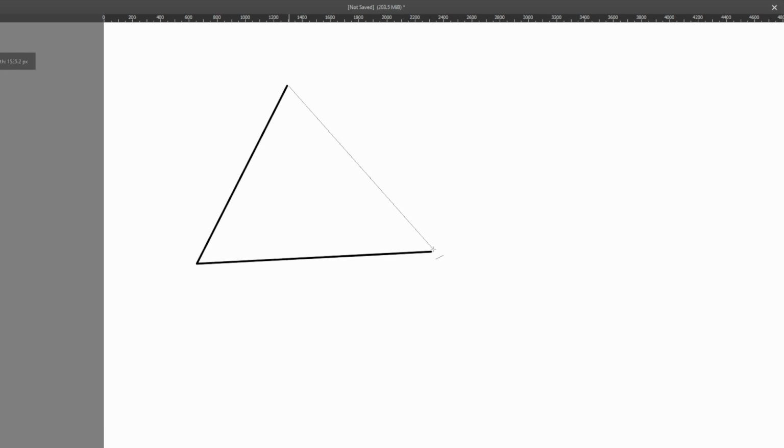We'll have side lengths 13, 8, and 31 degrees right here.